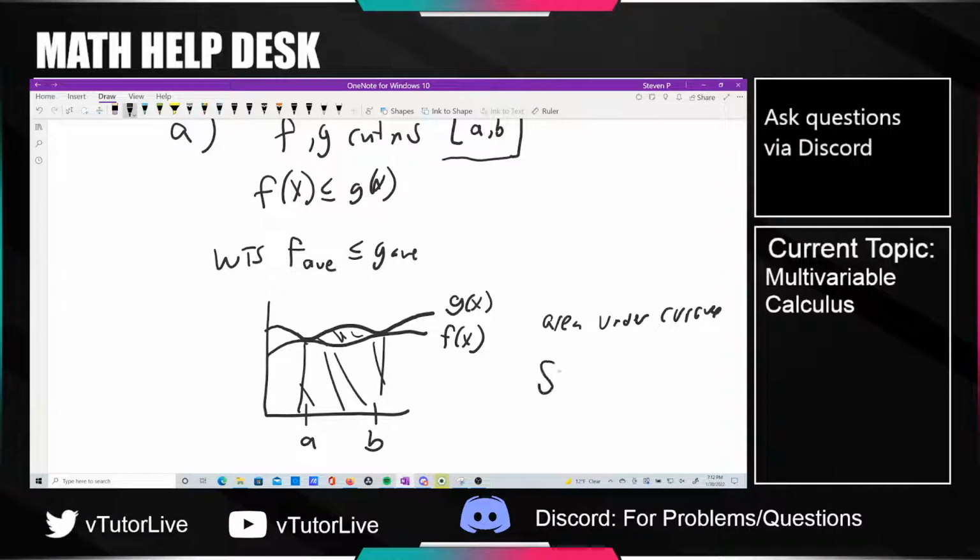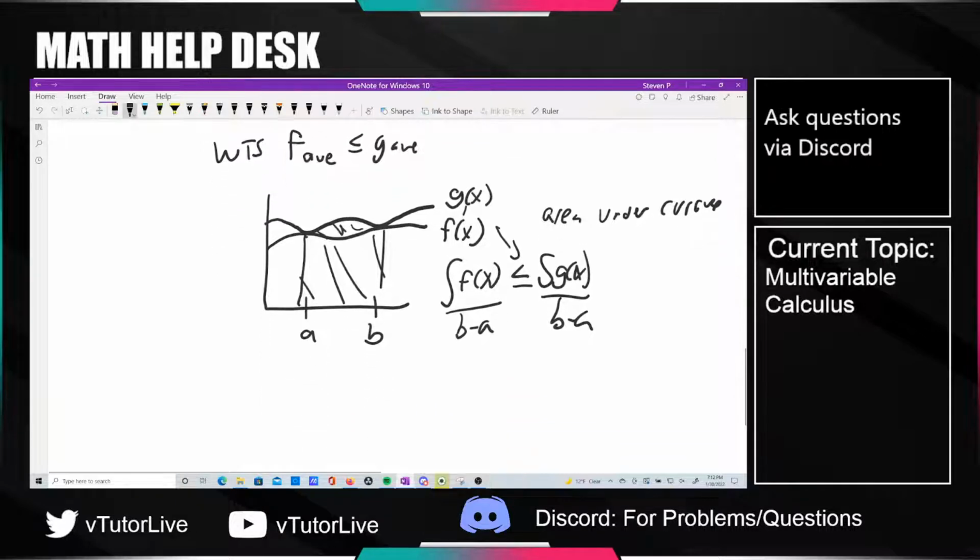Another way to say that is the integral of g of x is greater than the integral of f of x, right? Because g of x itself is greater than f of x, of course the integrals must also have the same relationship. And then you just divide this by b minus a, and that's essentially the idea behind that problem.